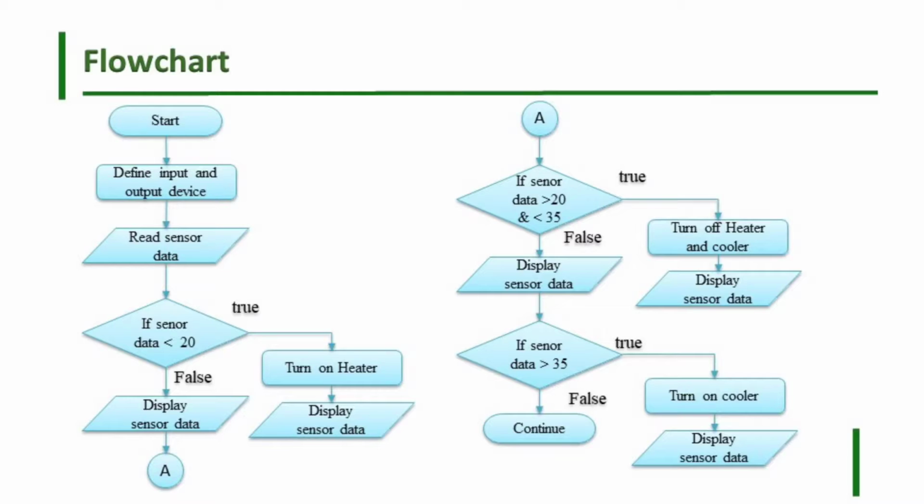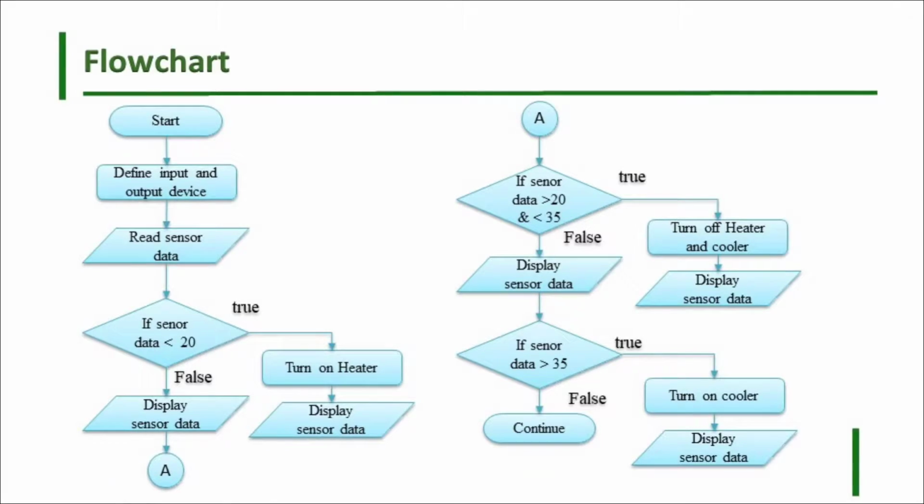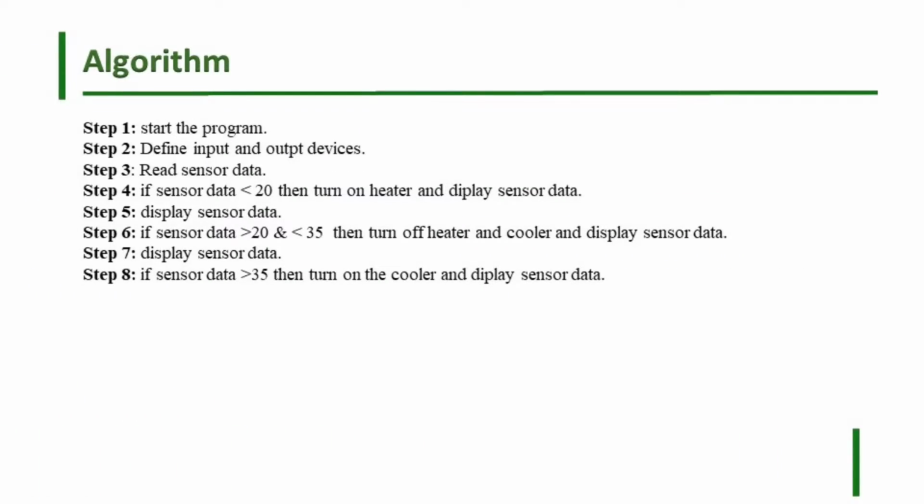Flowchart and algorithm. Now with the help of the flowchart and algorithm, we are going to explain the basic function of our program. This is our flowchart and this is our algorithm. First, start the program, then we define the temperature sensor as the input device, and the elements and display as our output devices. Then the microcontroller will receive sensor data and convert the analog value of the sensor into a temperature value.